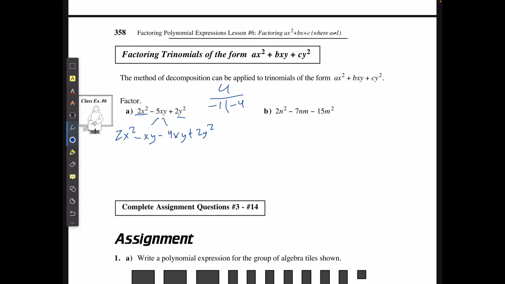And then when I'm pulling out the common factors, when I factor by grouping, the first one has an x in both of them, and the second one, I'm going to pull out negative 2, and they both have a y, so I'm going to pull out a y from each of them, and be left with 2x minus y. What's in here matches, so it's going to be 2x minus y and x minus 2y.